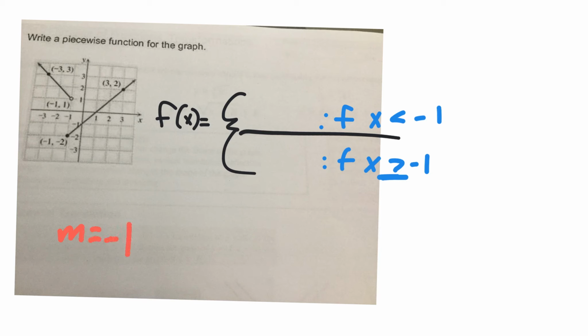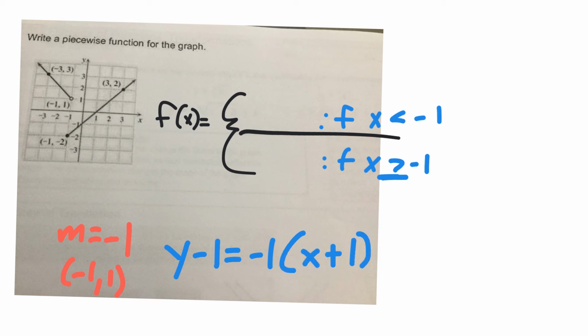And now I know a point on that graph. I know a point and the slope. I'm going to put it in point-slope form. Y minus y1 equals m times x minus x1. So minus -1 would be +1. Now we got to get y by itself because piecewise functions have the y isolated. So we distribute -x minus 1.